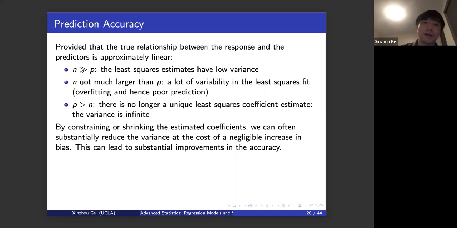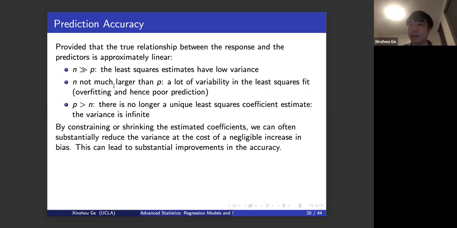And in the middle, when n is not much larger than p, or we say the number of samples is similar to the number of predictors, there will be a lot of variability in the least squares fit, and we may have the problem of overfitting.